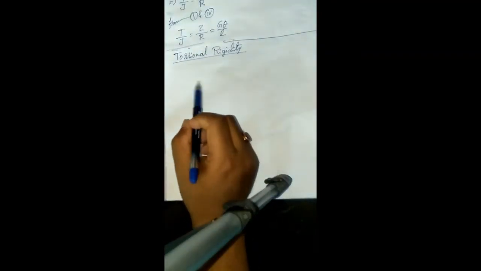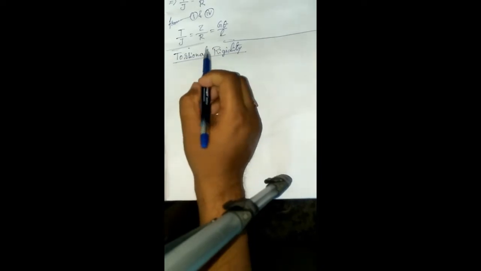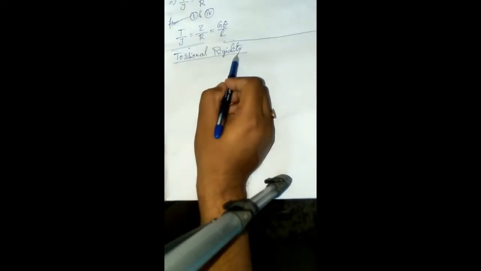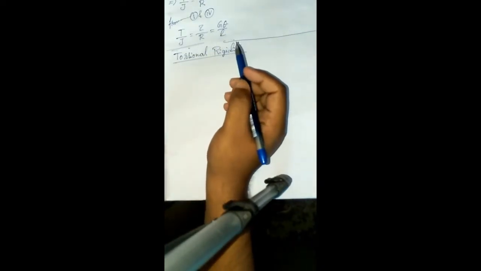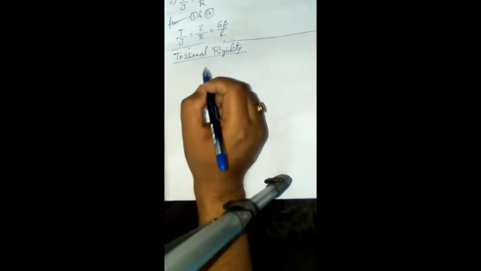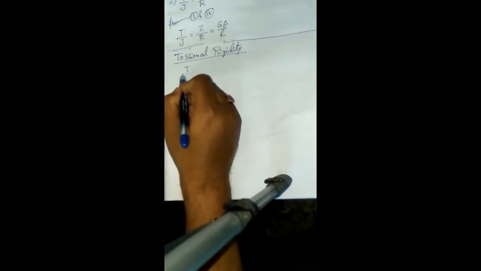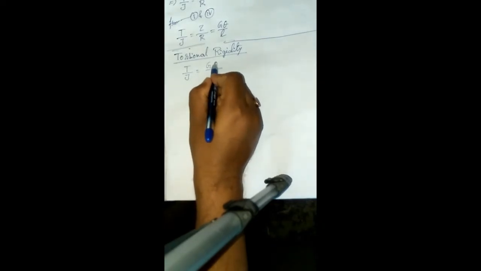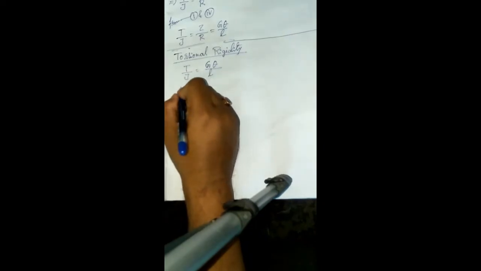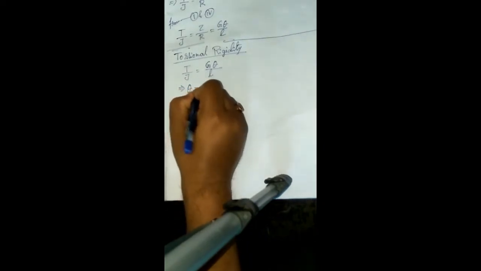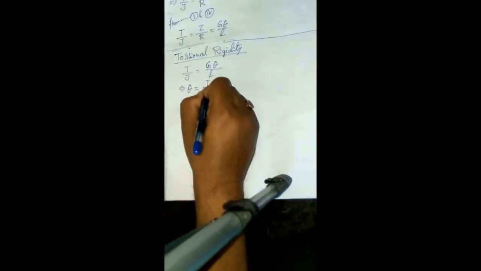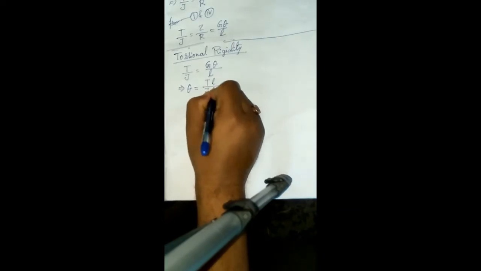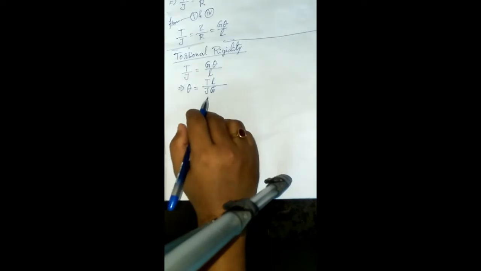Welcome students. Now the topic is torsional rigidity. What is torsional rigidity? From the relation we know that T by J equals G theta by L, so theta becomes TL by JG.